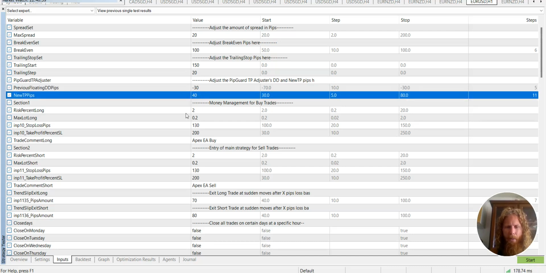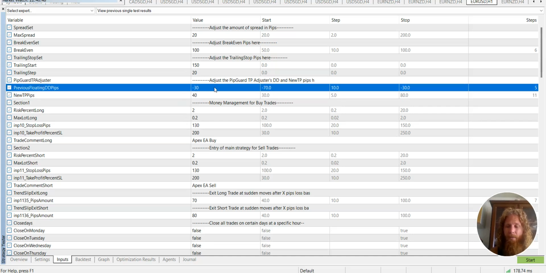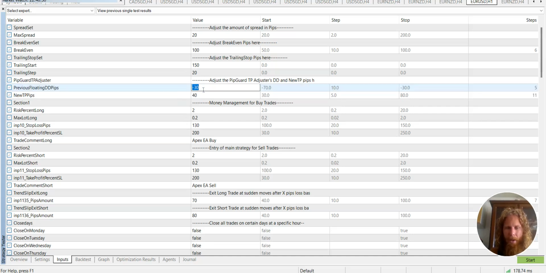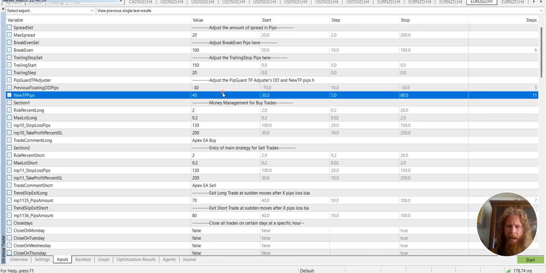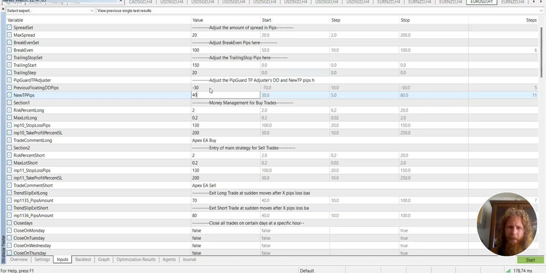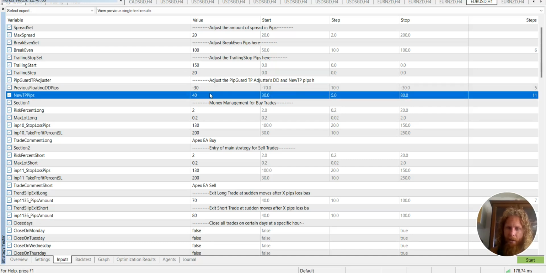So for example, if you had 200 pips of take profit, but your trade went against you 30 pips or 100 pips, you can use any number here, then your take profit is going to be adjusted to 40 pips in this case, or 100 pips, anything you want, or 50 pips or 10 pips.